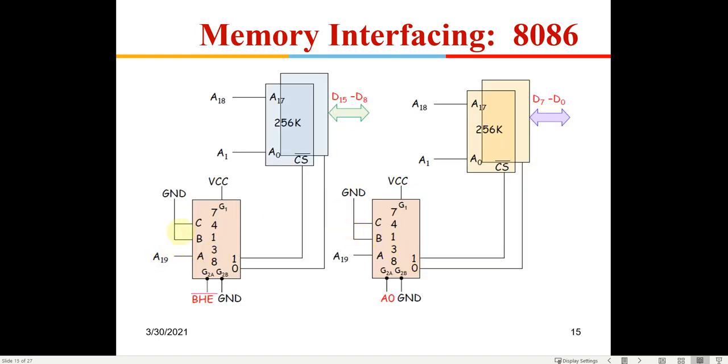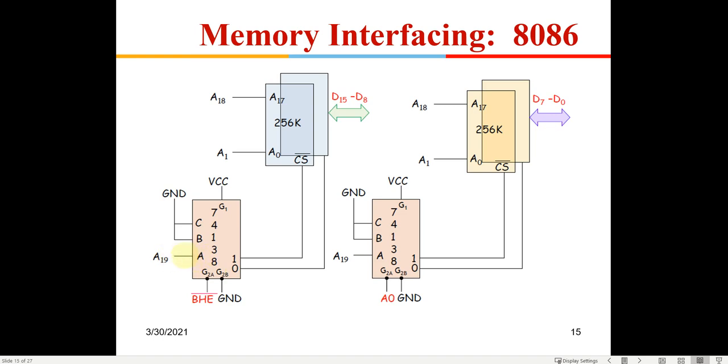Now if you see B and C, they need to be completely grounded, and A we are giving as A19 out here. We are using this to enable one of the chips. Either we are going to enable this chip, or we are going to enable this chip here. Here it is slightly different, right?